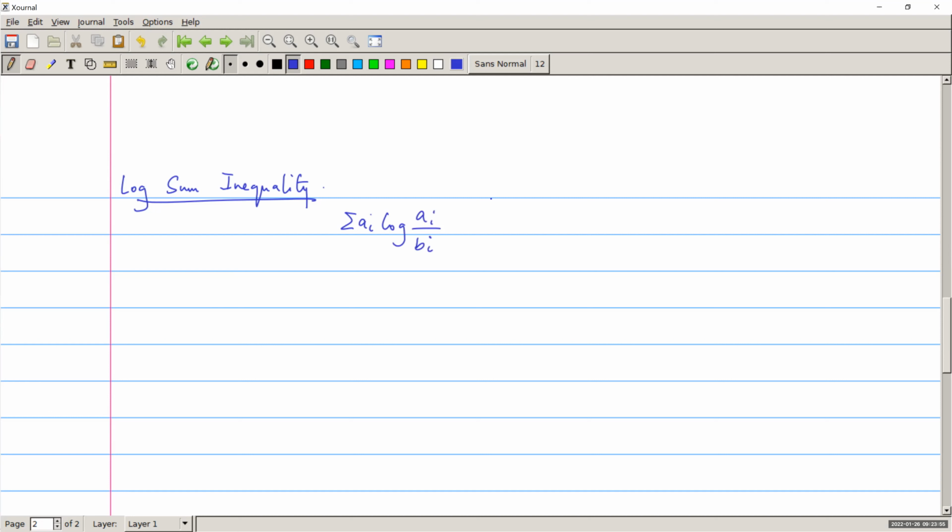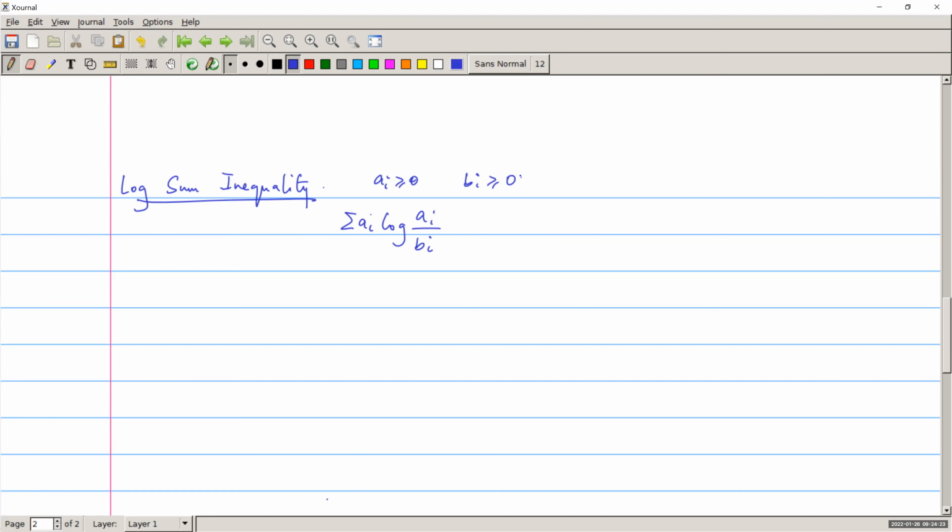It says that when you have a_i positive numbers and b_i positive numbers, I'm looking at the summation of a_i log of the ratio a_i over b_i. The reason we do this is because it is very similar to the KL divergence.